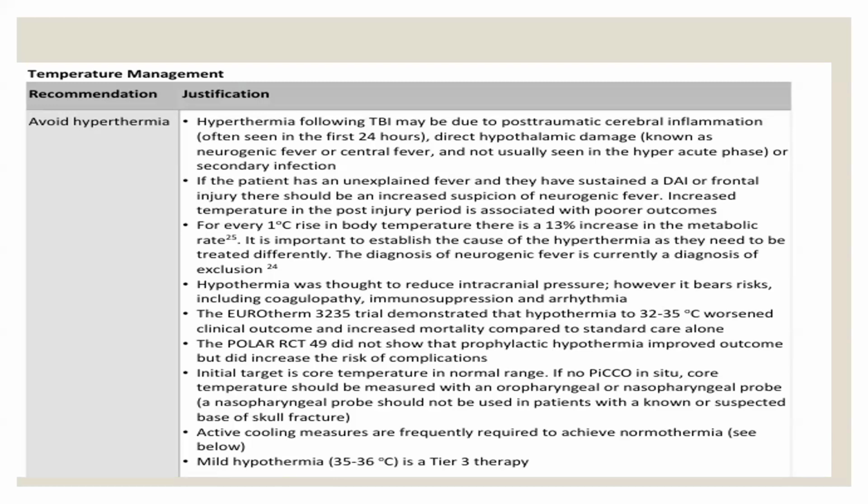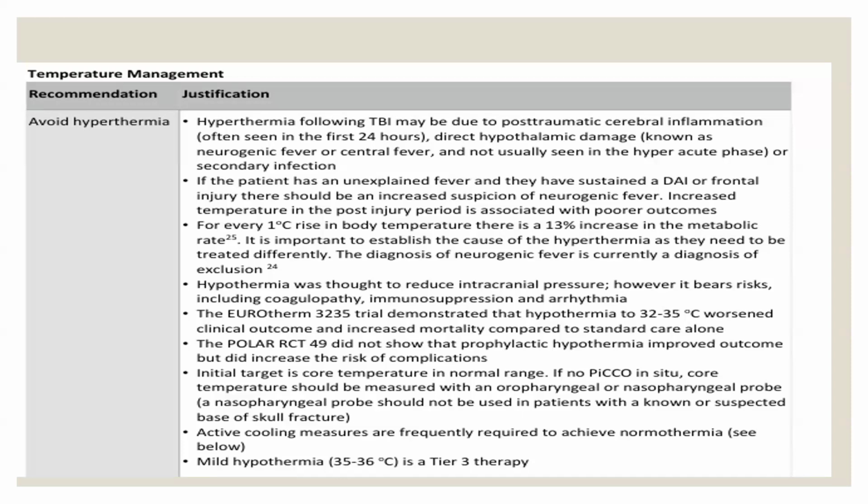Increased temperature in the post-injury period is associated with poor outcome. For every 1 degree rise in body temperature, there is a 30% increase in metabolic rate. It is important to establish the cause of hyperthermia as they need to be treated differently. The diagnosis of neurogenic fever is currently a diagnosis of exclusion.